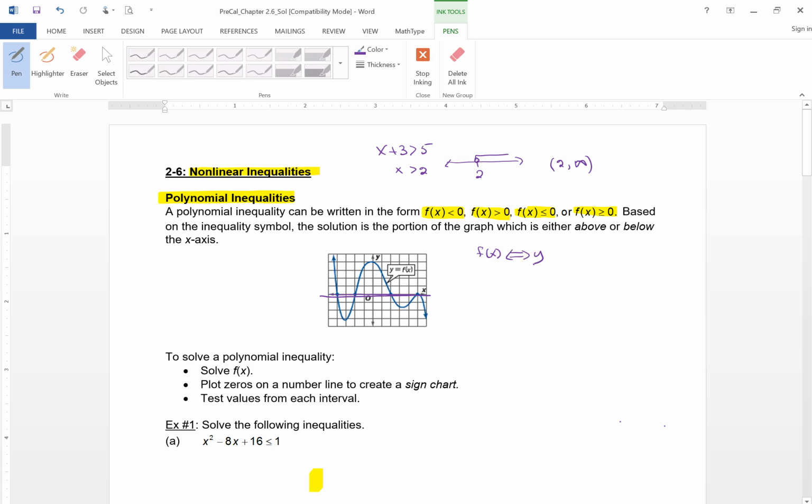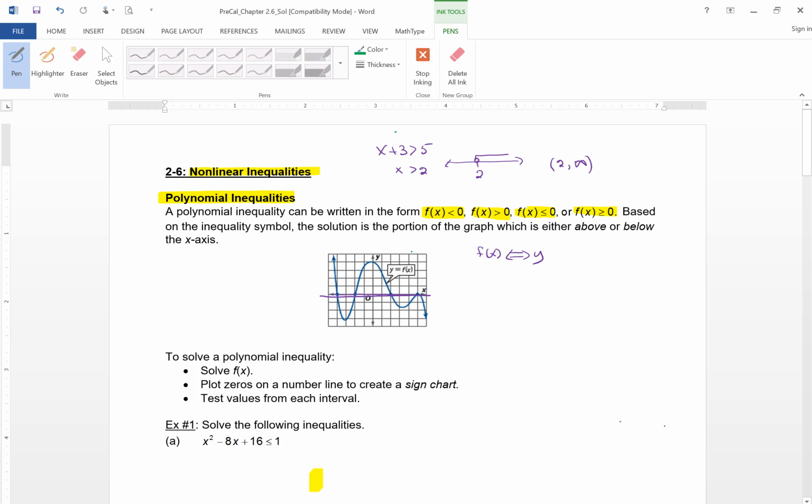So if f of x is greater than 0, it means y is greater than 0. The x-axis divides the region vertically into all the positive y's and all the negative y's, right? So whatever is above the x-axis is positive, and whatever is below the x-axis is negative.